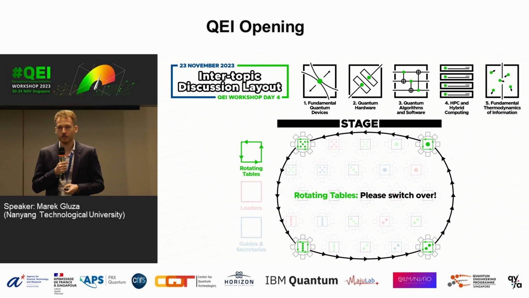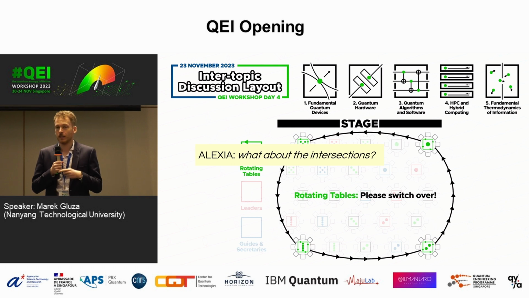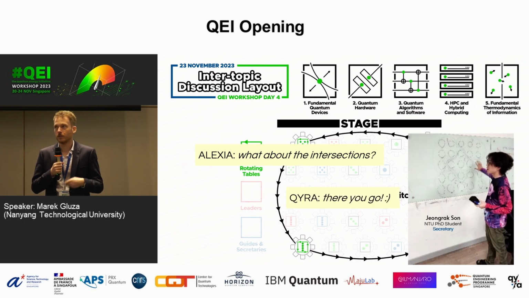Then we will have the second phase, where we will ask some of you working at the outer tables to switch and move to the other topics and exchange ideas with the other people. The focus here will be on intersections. And again, the goal will be to bring about roadmaps, but now roadmaps spanning those intersections.